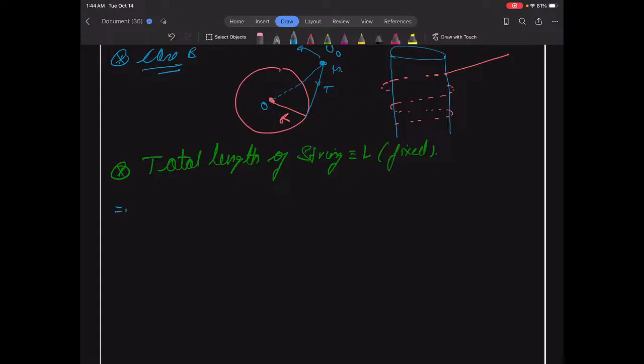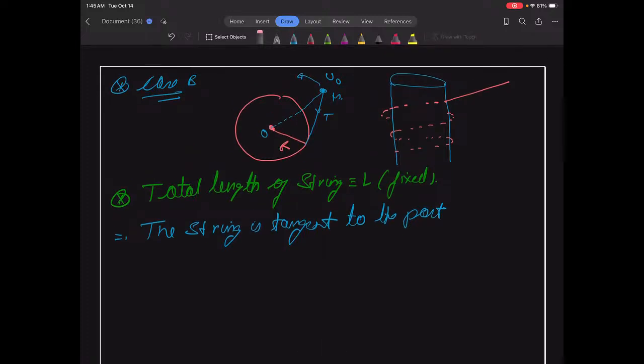So from here, we can also say that the string is tangent to the post, and let us call this free length L naught.